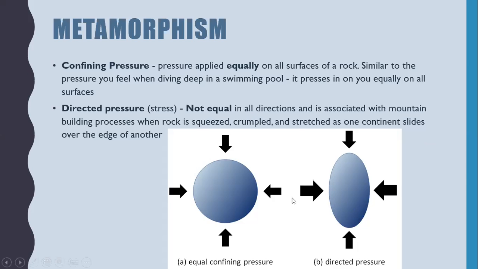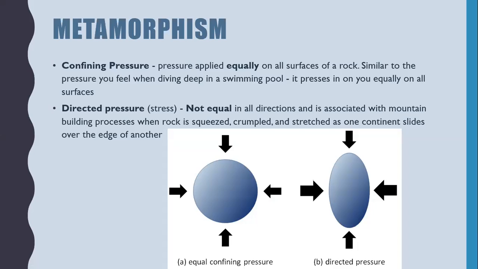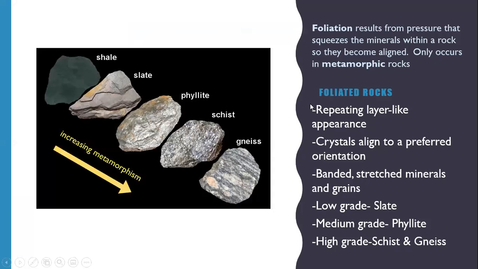The reason you want to understand directed pressure is that directed pressure will cause a property in metamorphic rocks called foliation. Foliation is a result of that directed pressure. Foliation can't really be caused by confining pressure, but as a result of directed pressure, these metamorphic rocks will exhibit foliation.